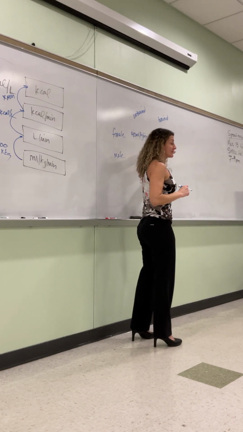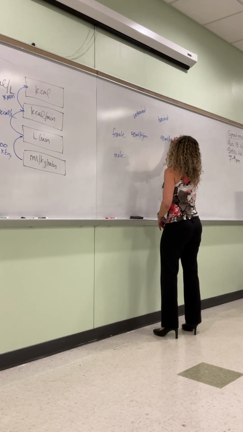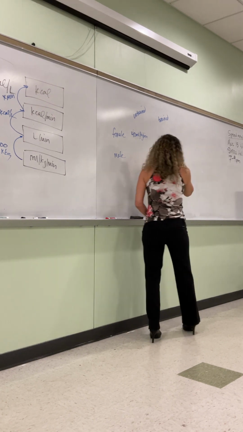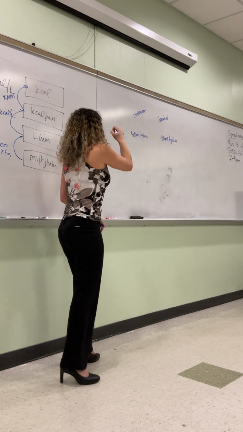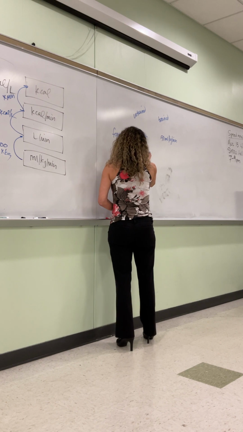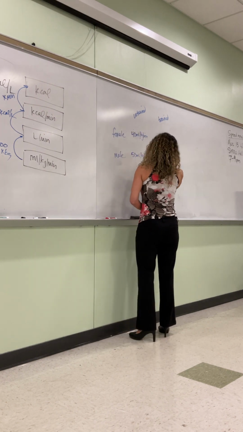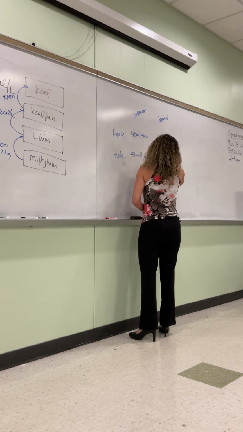An average trained young female might have about 50. An average untrained young male might have about 50 mLs per kg per minute. An average trained young male might have 60 mLs per kg per minute.